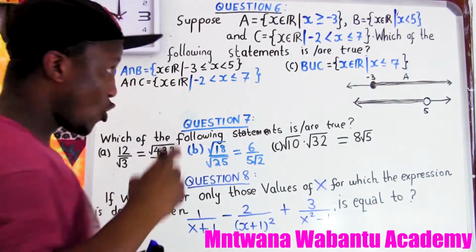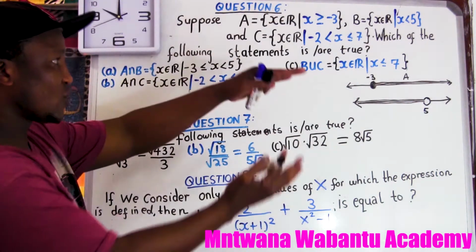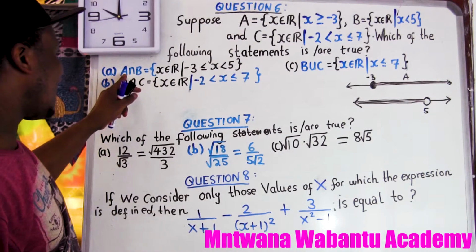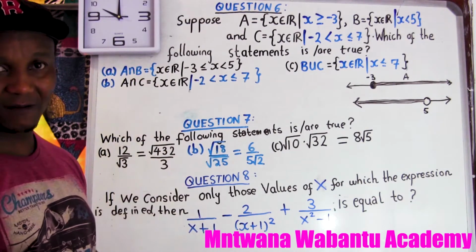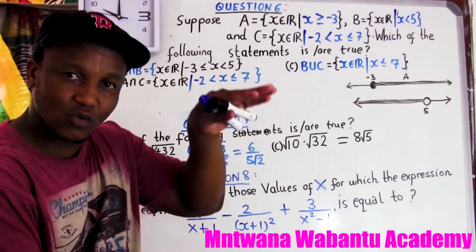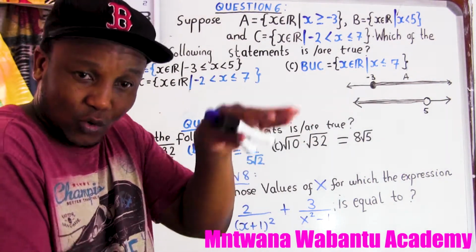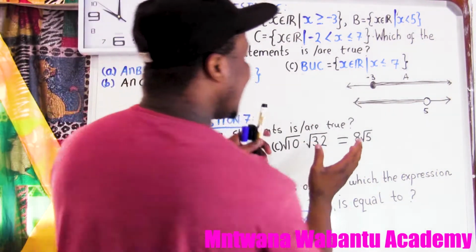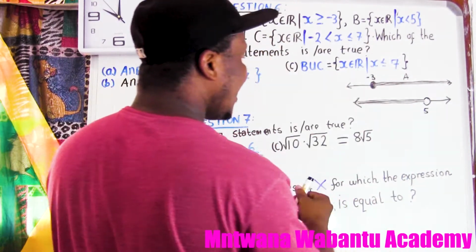Now you're going to have to use your common sense. You want to put them together, because we want to see what A intersection B is going to give us. When you intersect, it means you bind them together, and then we see where they have things in common.